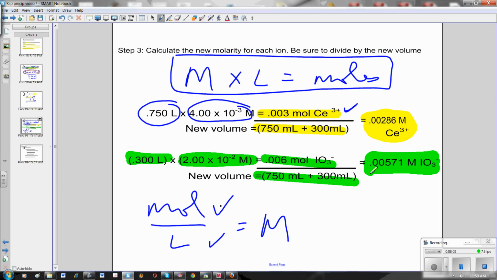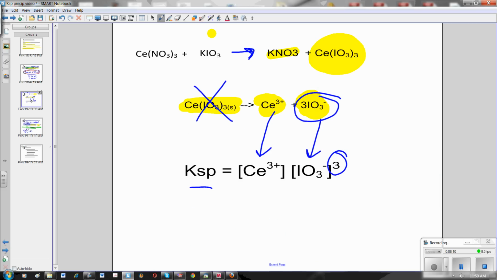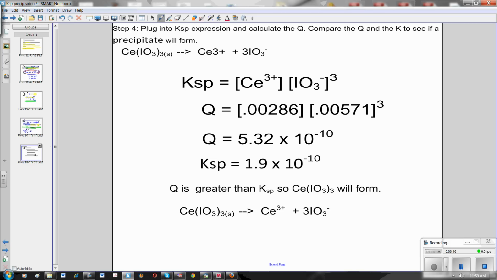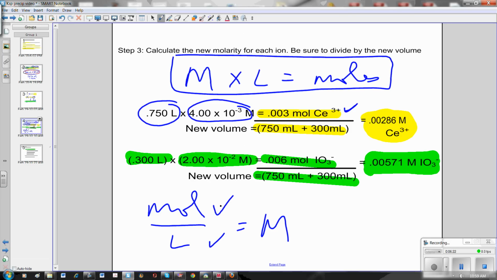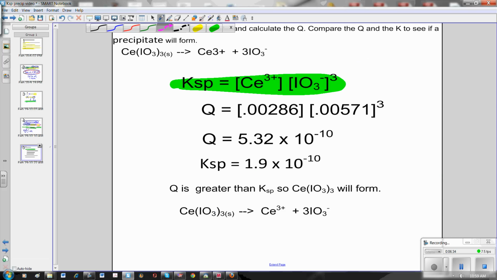If you remember, previous to this, we wrote a Ksp expression. The Ksp expression is the same thing as the Q expression. So I take my Ksp expression and plug in the values. If I go back up here, my value for Ce3 plus is 0.00286. I drop that right in there.